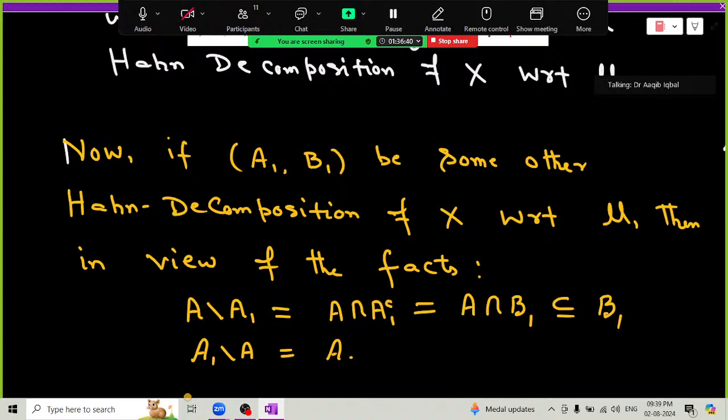This is A1 intersected with A complement. A complement is B, so this is A1 intersected with B, and this is contained in B.